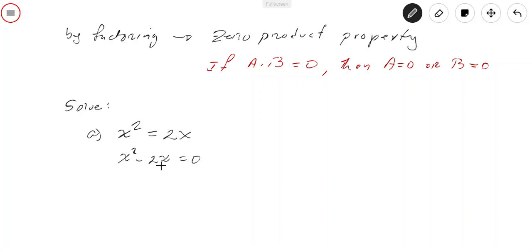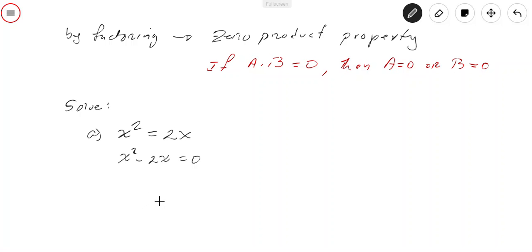Now you have to ask yourself, what is the easier way to factor this polynomial, x squared minus 2x? In this case, it will be by factoring out the greatest common factor.